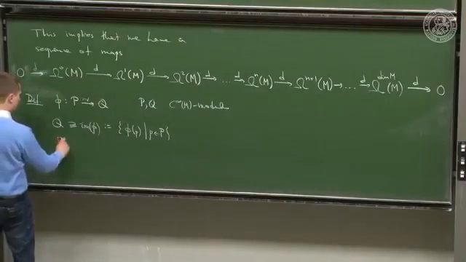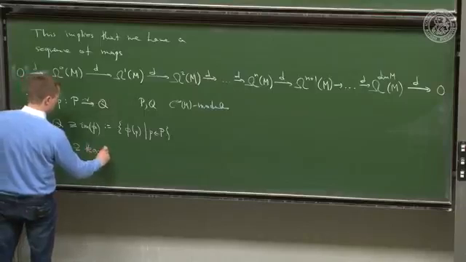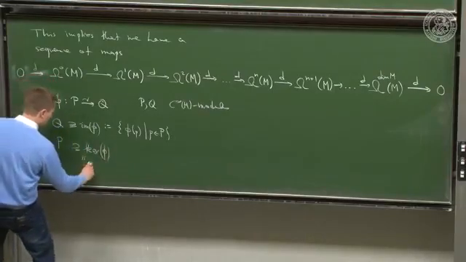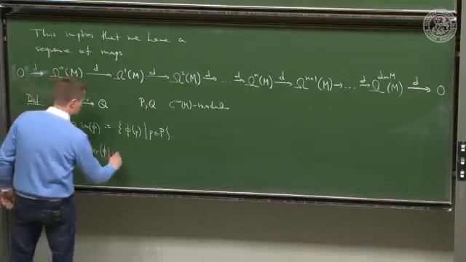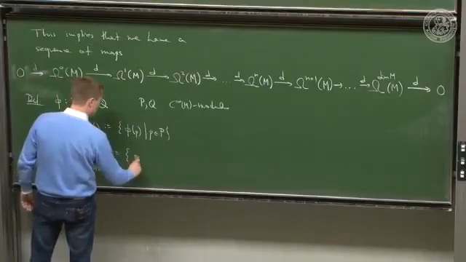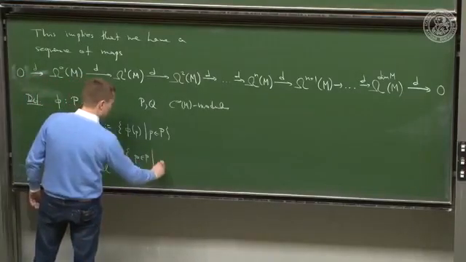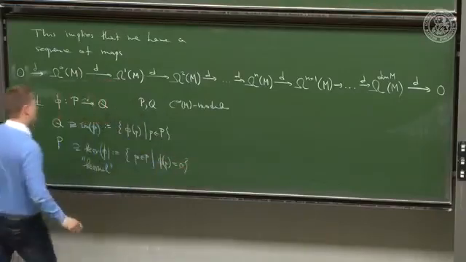And you can define a subset of the domain called the kernel of phi. That's just a short name for all those p in P that are sent to 0 by phi.